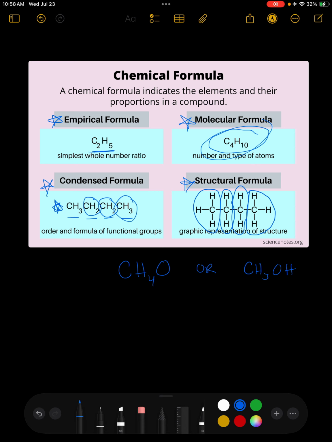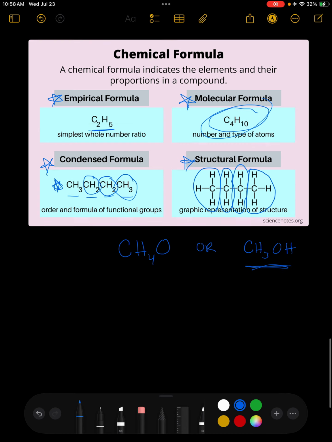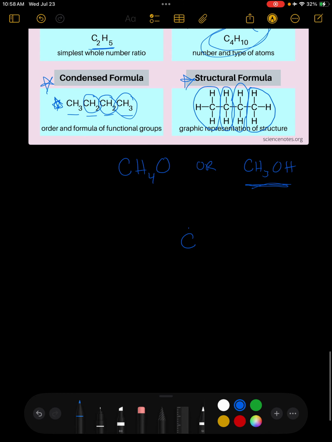They both have 4 hydrogens, they both have 1 oxygen and 1 carbon, but this one kind of tells you how those things are arranged, because if I draw out the structural formula like this, you can see that OH group on the end. And so that just makes it a little bit easier to draw out. So that's really the use of our condensed formulas.